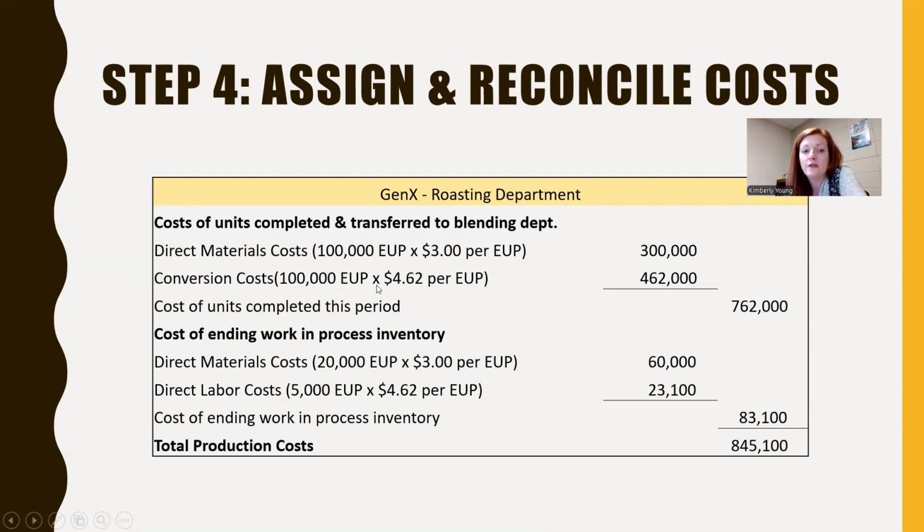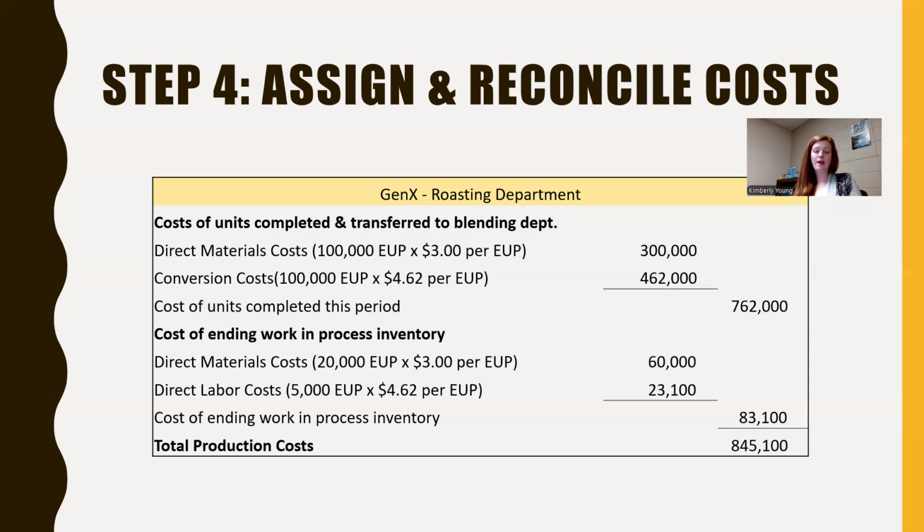For conversion cost, we had the 100,000 units times $4.62 we figured out in step 3. So we would have spent 462,000 on those 100,000 units, which means the total cost of the 100,000 units that we completed and transferred out was $762,000. So basically $7.62 in roasting department cost per bag of trail mix.